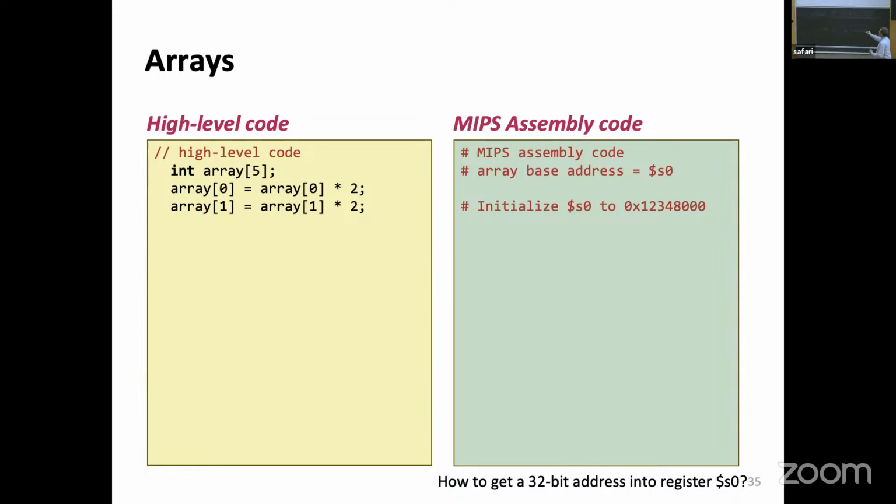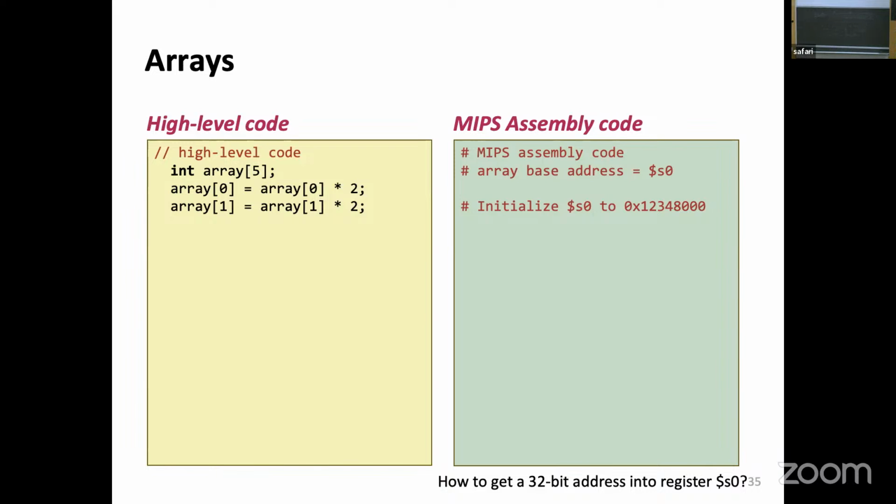Okay, now, what happens if I want to put it here? I could do something kind of funny. I could shift this thing to the left by 16. So I could do something like shift left S0 by 16, so that this number becomes 1, 2, 3, 4, 0, 0, 0, 0.